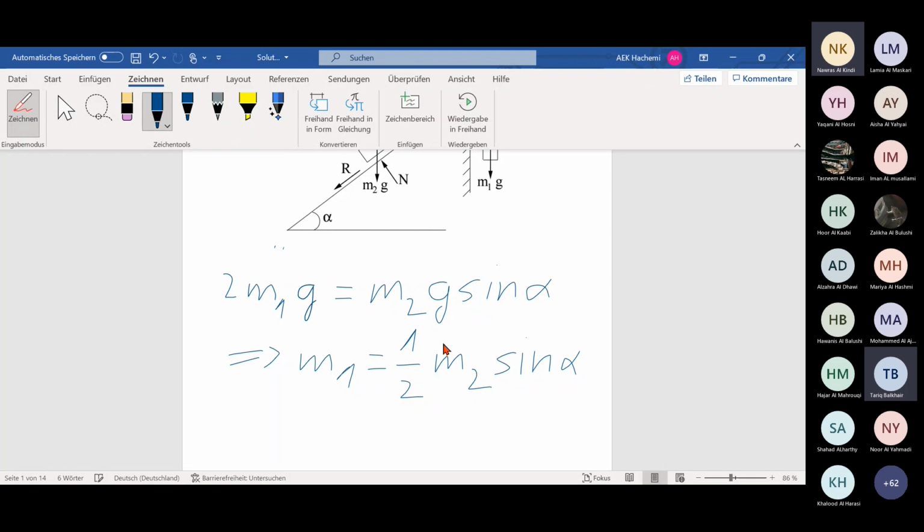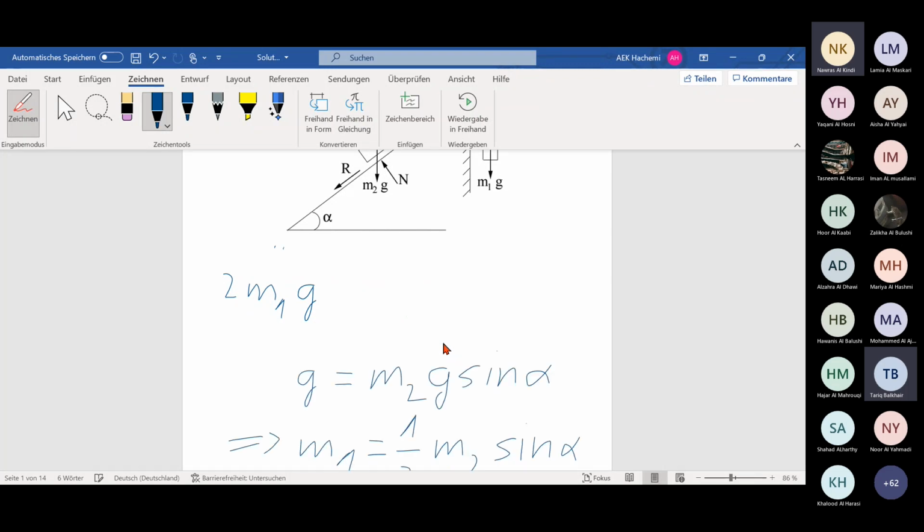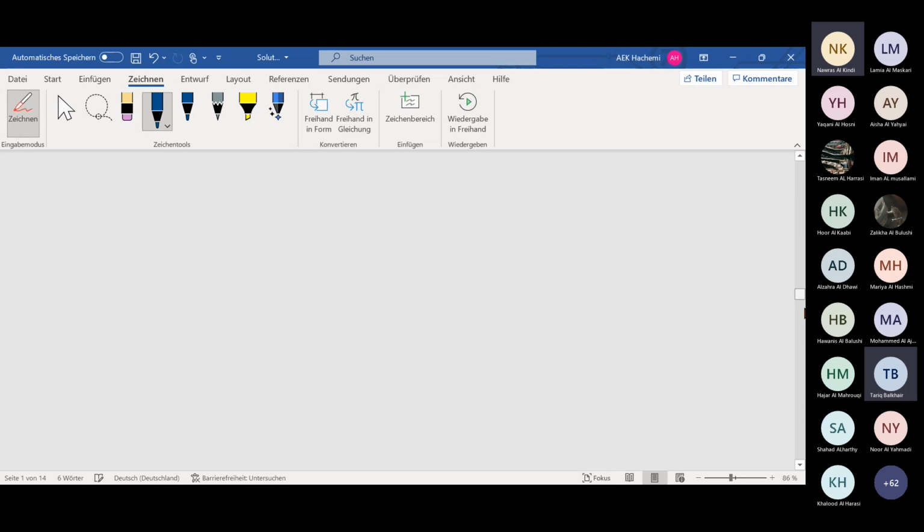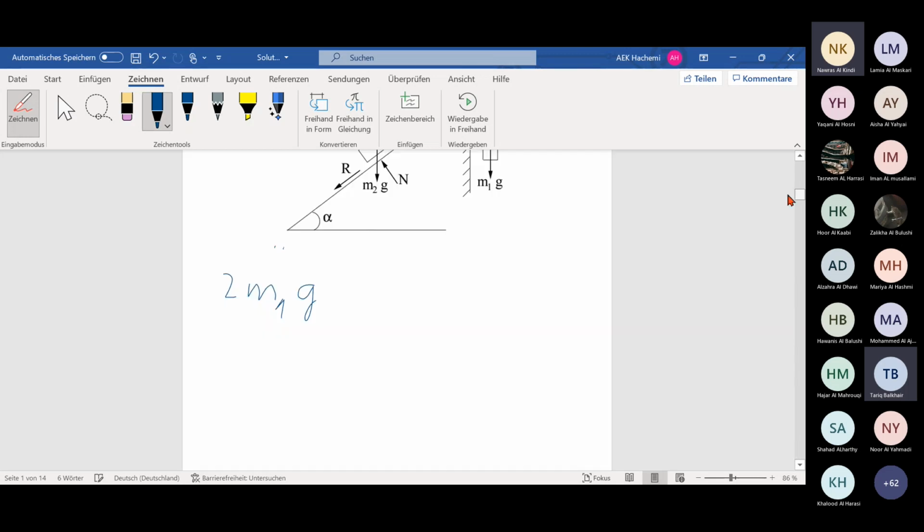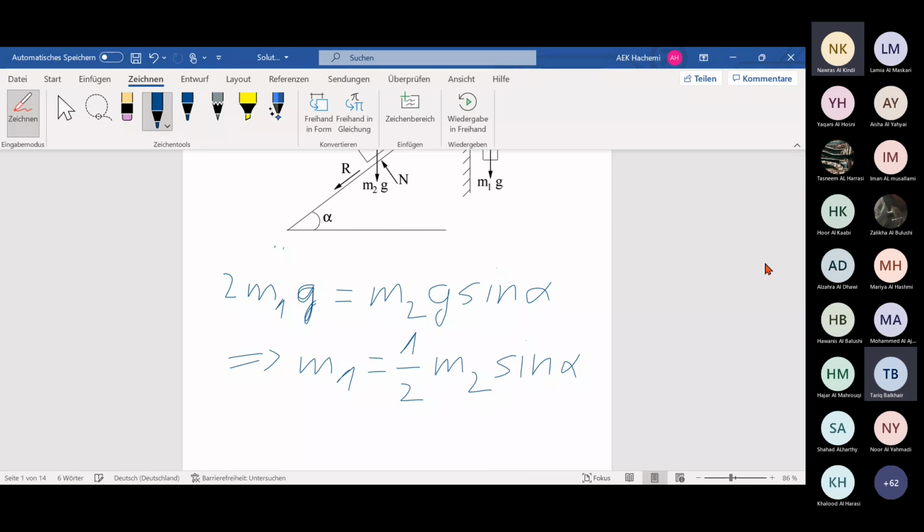Then in this case, always the same system, but in any case, I will solve it soon. Then we get M1 here, this is the half of M2 sine alpha.